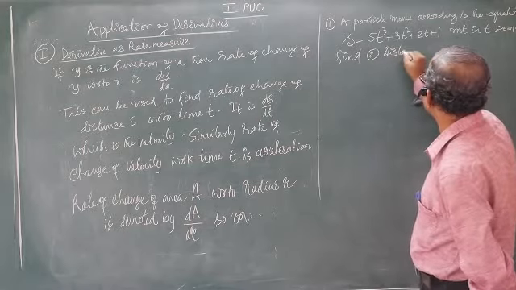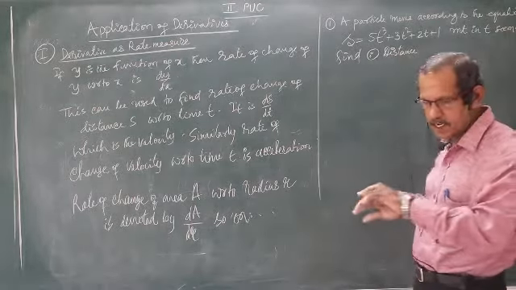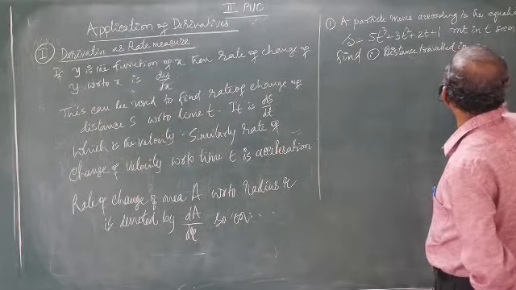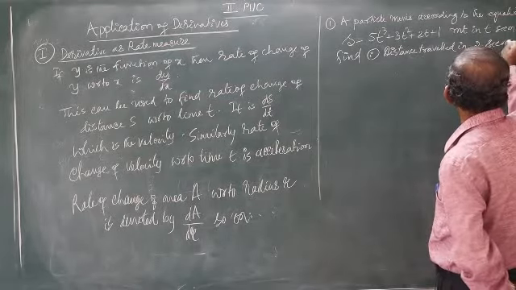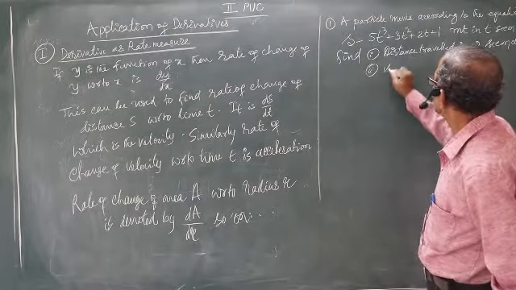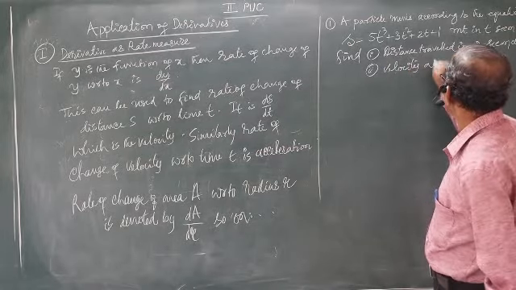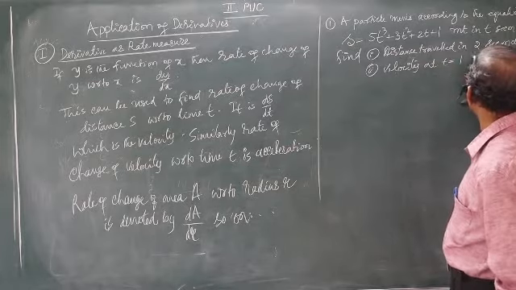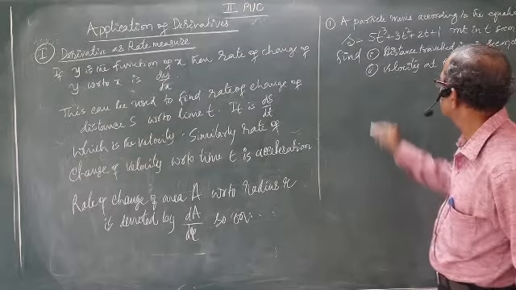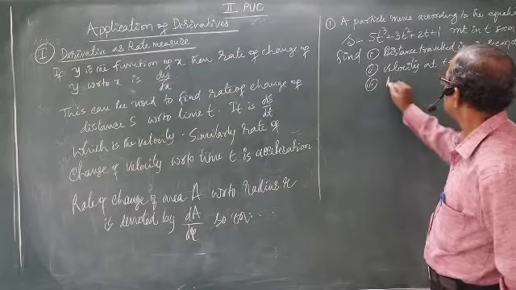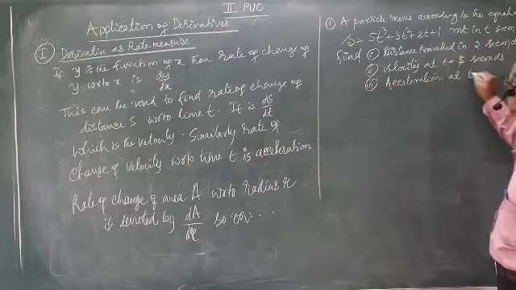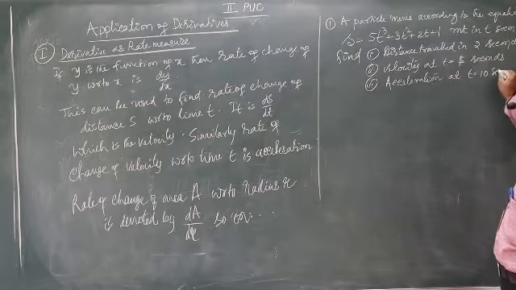Find the distance travelled in 2 seconds, the velocity at t equal to 1 second or 5 seconds, and the acceleration at t equal to 10 seconds.